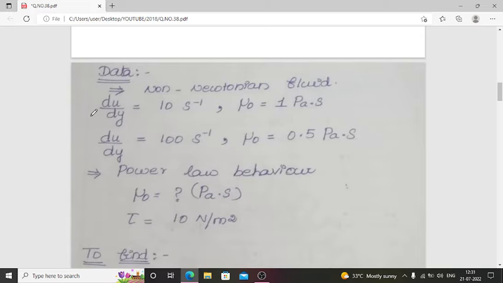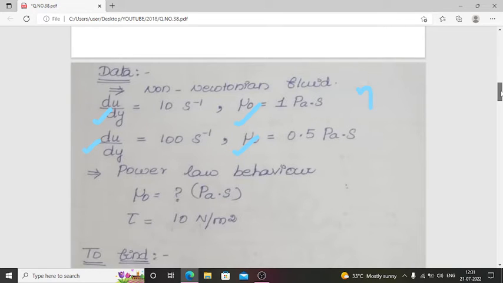Data. Already I said this is power law behavior, a non-Newtonian fluid. Shear rate du by dy is 10 second power minus 1, and the apparent viscosity mu naught or eta is 1 Pascal second. When the shear rate is 100 second power minus 1, the apparent viscosity is 0.5 Pascal second.